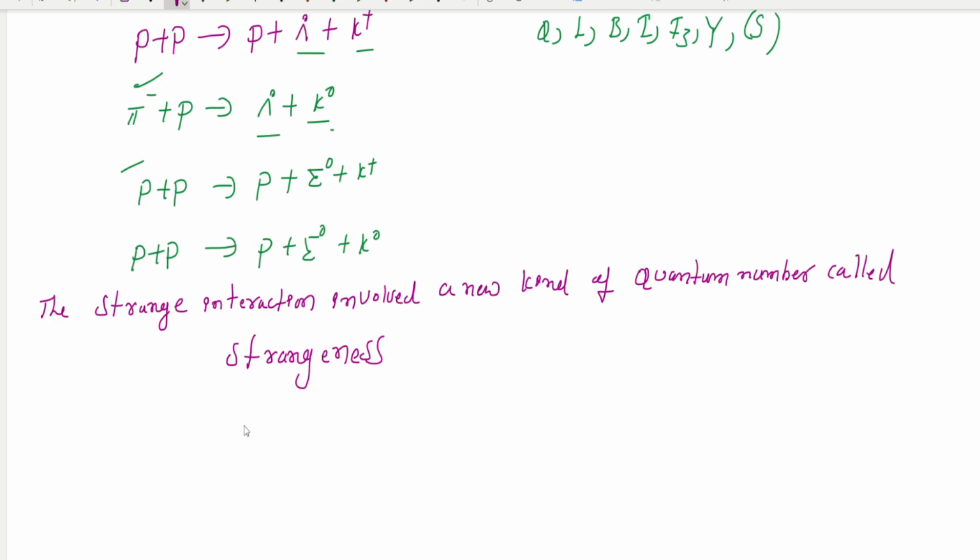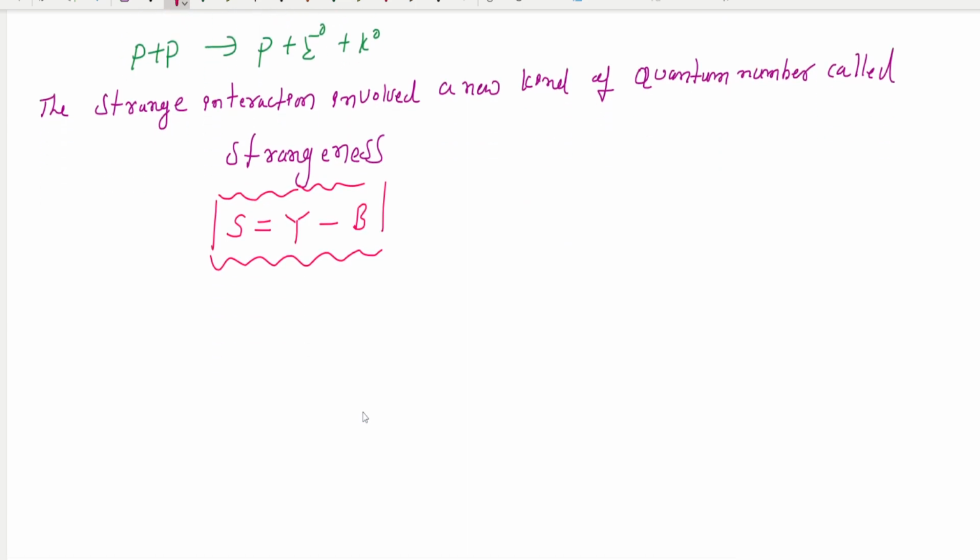Strangeness. I'll show you different types of equations. S equals, in the simplest way, the hypercharge number minus the baryon number. This is the one formula we already know, so we can go for different types of shortcuts.